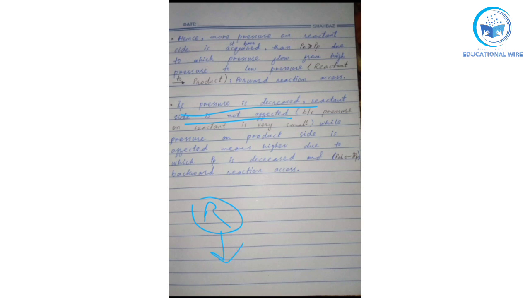The pressure on the product side is affected, meaning it is higher, so the product pressure decreases. In the upper situation we had more pressure on the reactant, so we moved from reactant to product. But now the product has more pressure, so we move from more pressure to low pressure, in the backward direction or backward reaction axis.